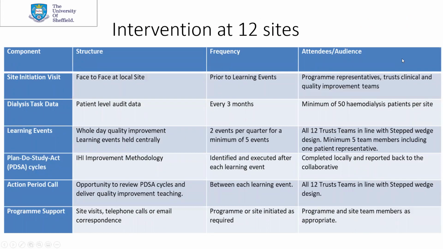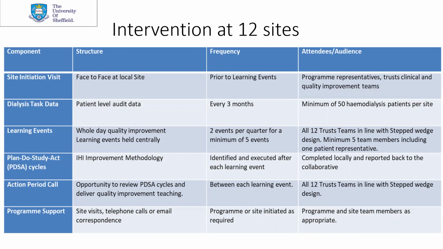So this is the rundown of the intervention. It was at 12 sites across the UK. It started off with a face-to-face site initiation visit. We had some patient-level audit data looking at the number of tasks patients were carrying out in their own care.